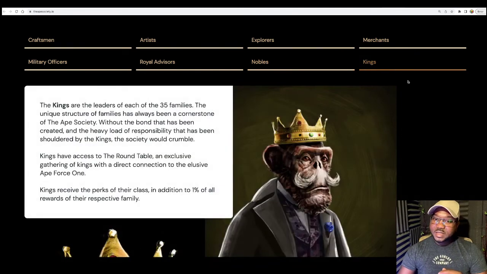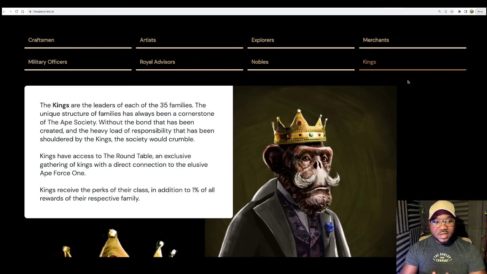And then you have your kings, which we didn't touch on when we looked at the classes, because there weren't any kings there. But you do have kings in the society, and there are definitely perks associated. I believe these guys are as high as it goes. As you know, in society, kings are at the top.